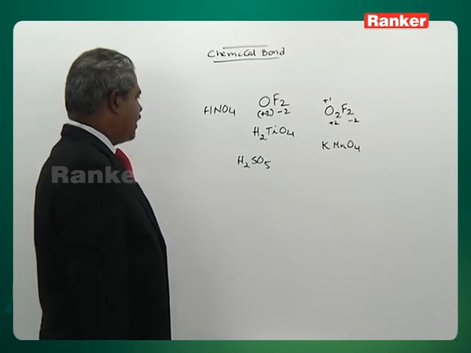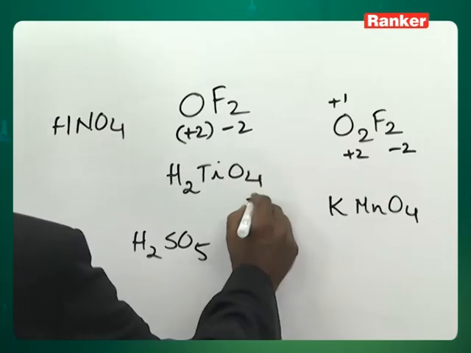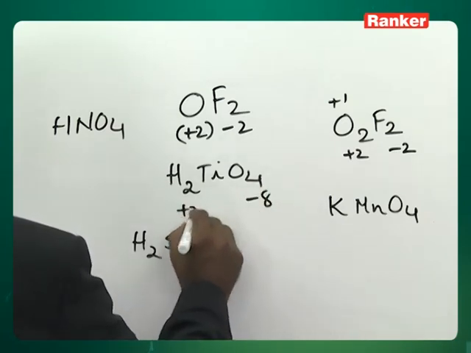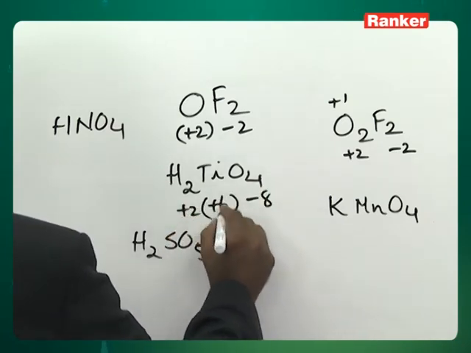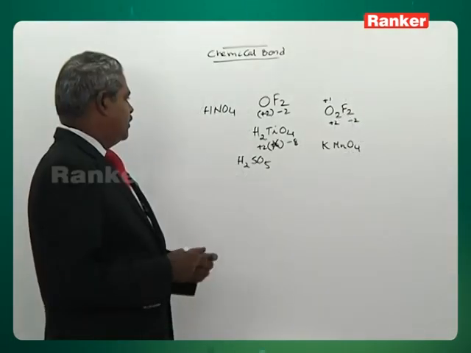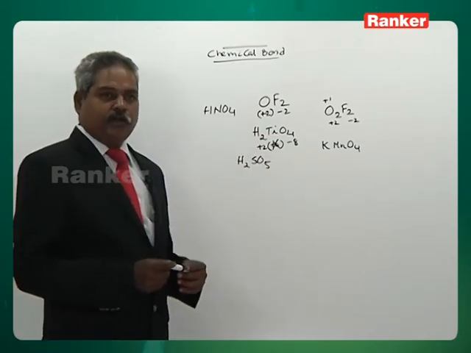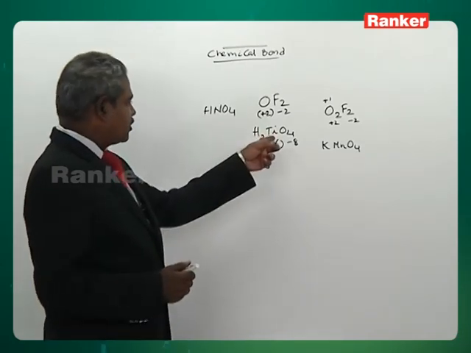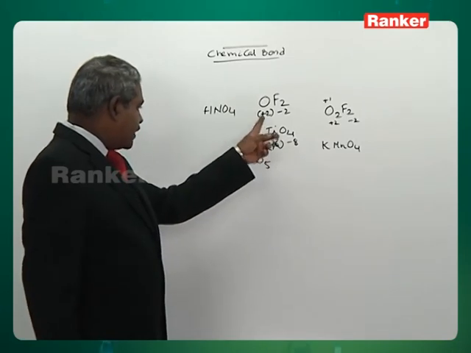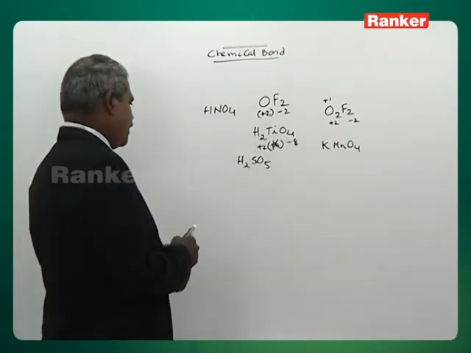What about H2TiO4? Minus 8, plus 2, plus 6. That is impossible for titanium because titanium belongs to group 4B. Therefore, it contains a peroxy bond. It is called pertitanic acid, something with a per.